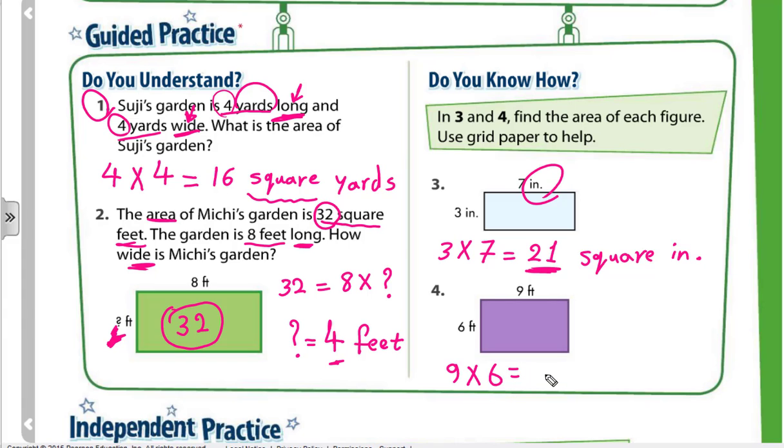I multiply 9 times 6 equals 54. This is area, so we use square unit. I will write square and you tell me square what? Square unit. Feet. Feet, yes. Thank you, my hero.